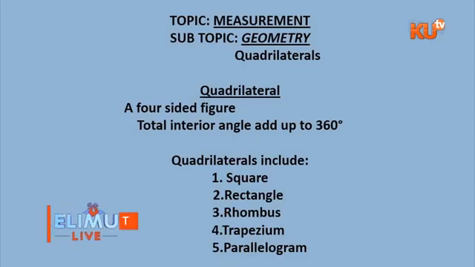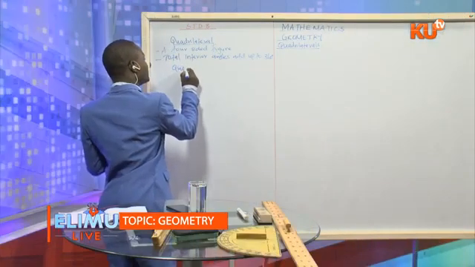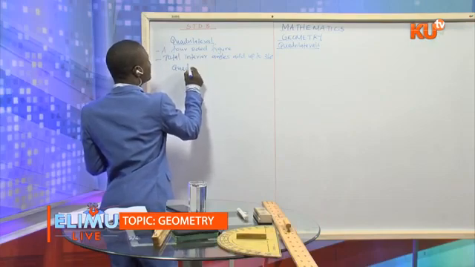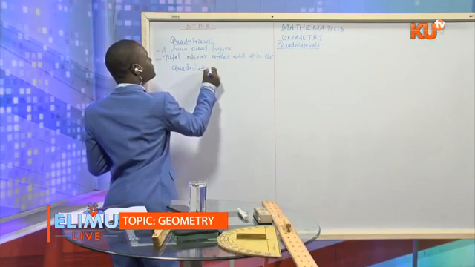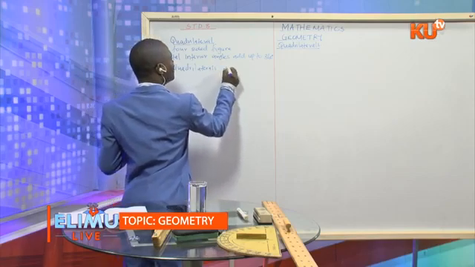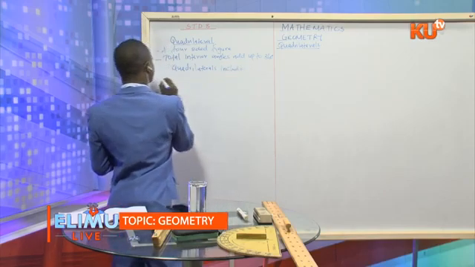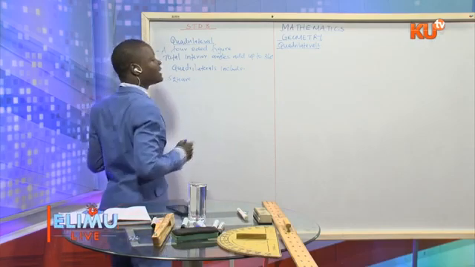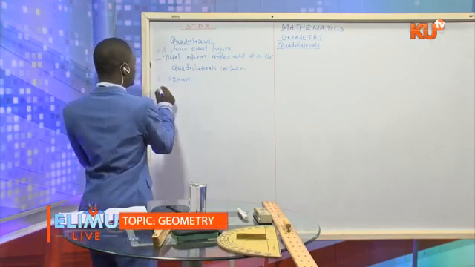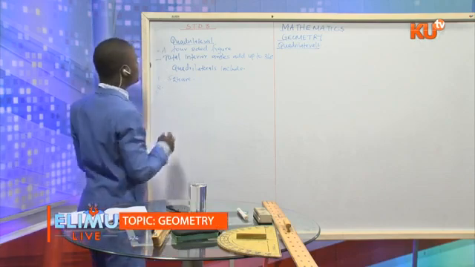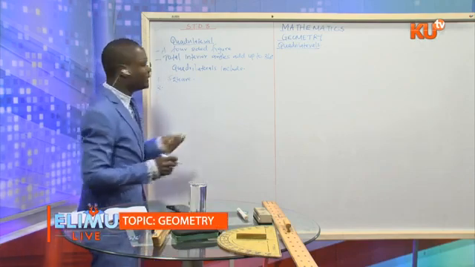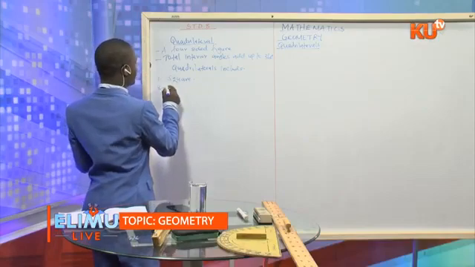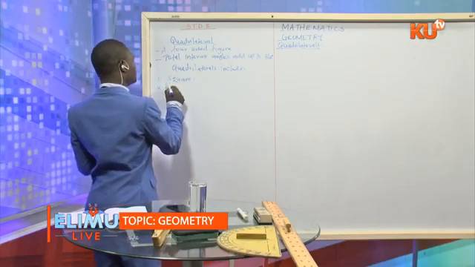Now, some of the examples of quadrilaterals include: one, square. Square is a quadrilateral. We'll discuss the properties of each and every quadrilateral that I'm going to mention here. The second one is rectangle.